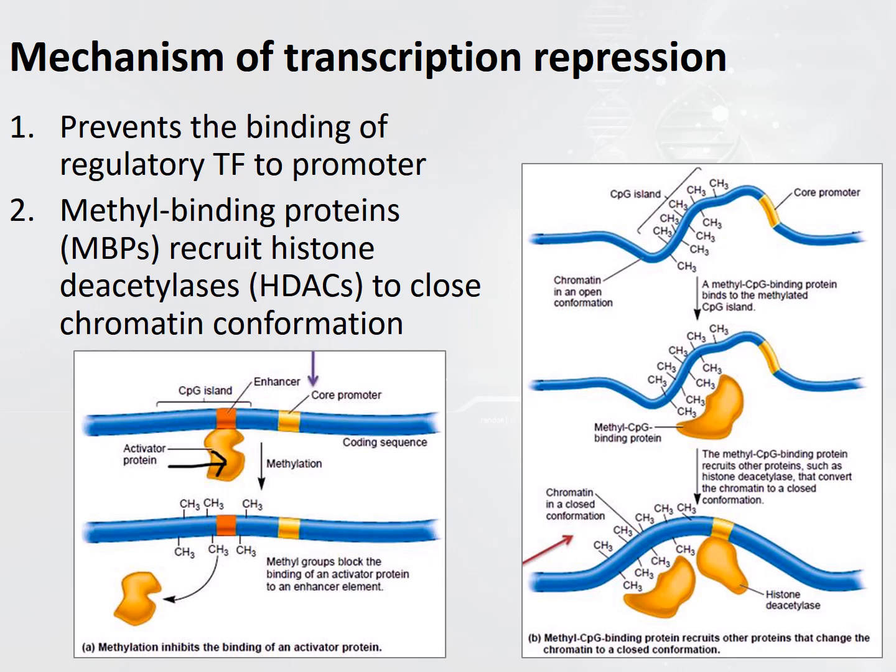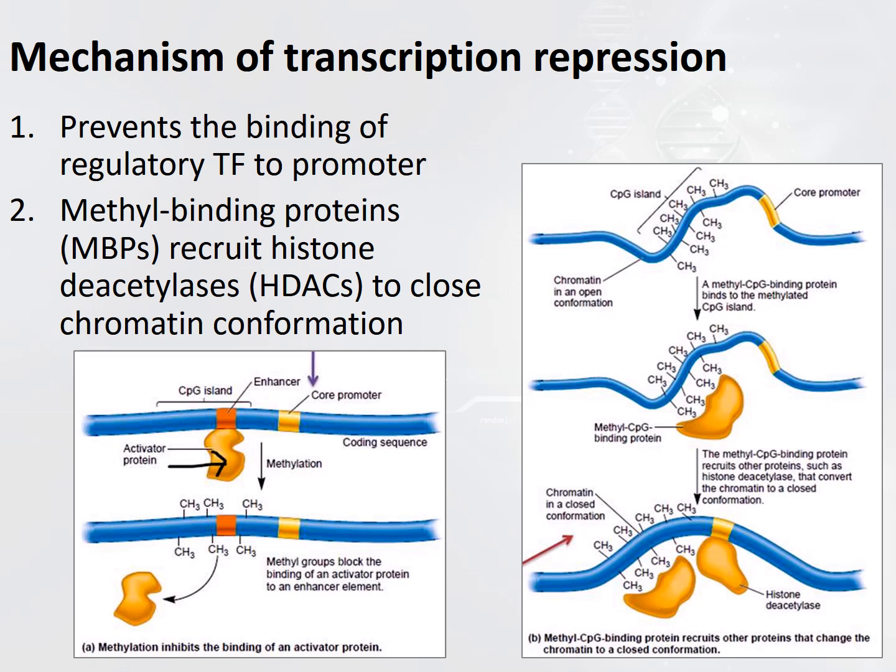The second mechanism is a little bit more complex, and it involves the recruitment of certain proteins to the sites of methylation. These proteins are known as methyl CpG binding proteins, or MBPs for short. Once they bind to the methyl groups, they recruit some other proteins, mostly histone modifying proteins, specifically histone deacetylases.